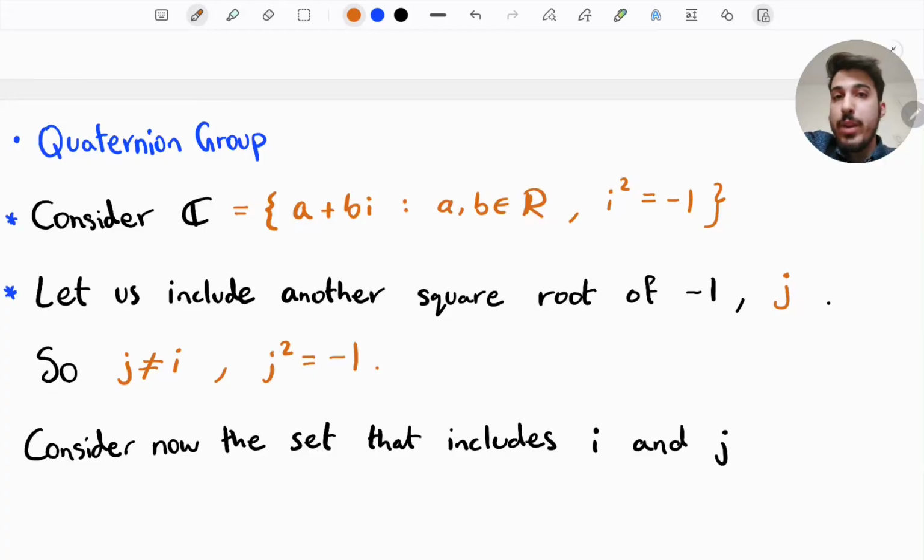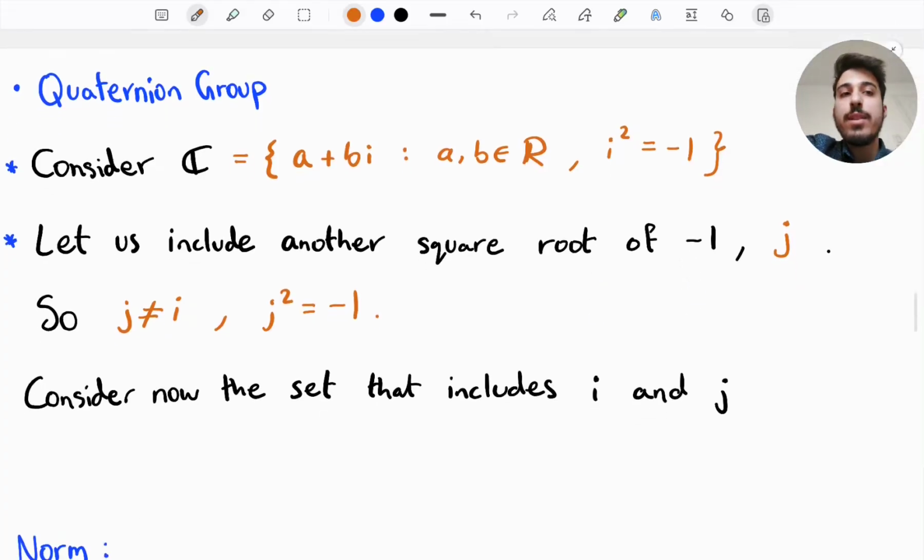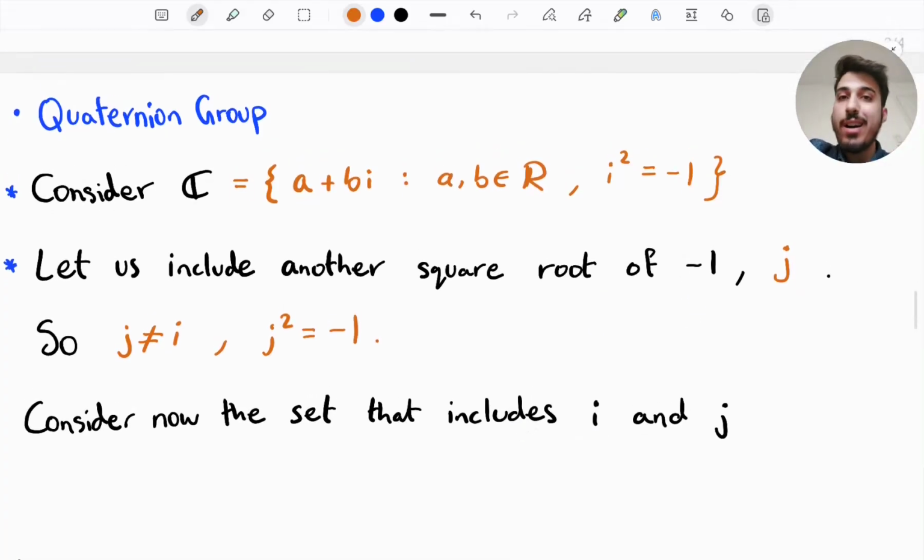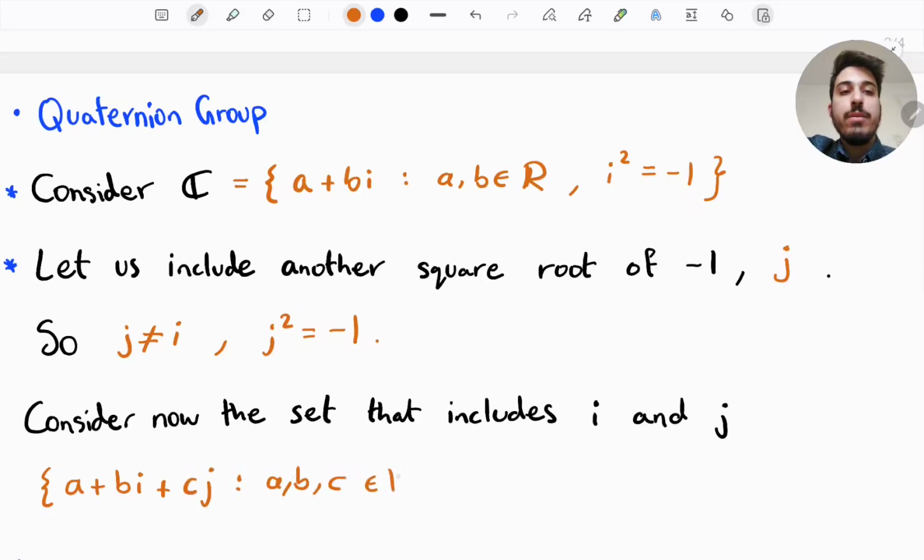What kind of set are we going to end up with? We consider now the set that includes both i and j. It is a natural extension of C, where we add j here. So it's a plus bi plus cj, where a, b, and c are real numbers, and i squared and j squared give -1.